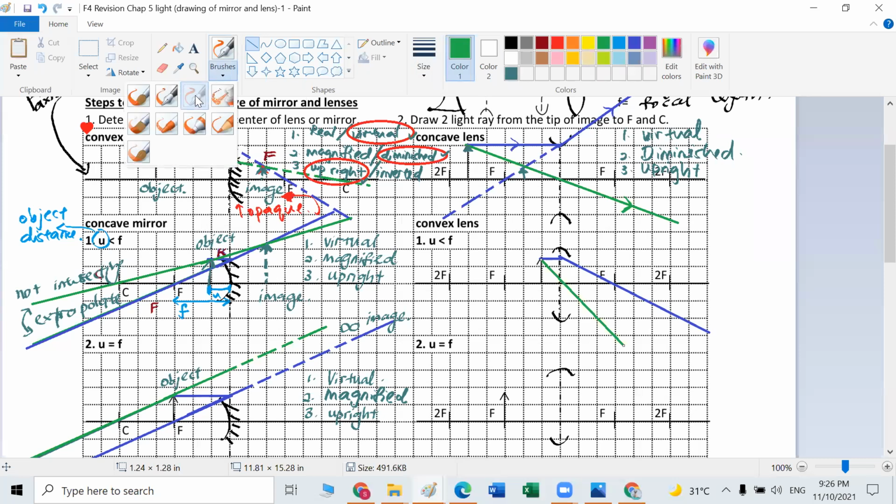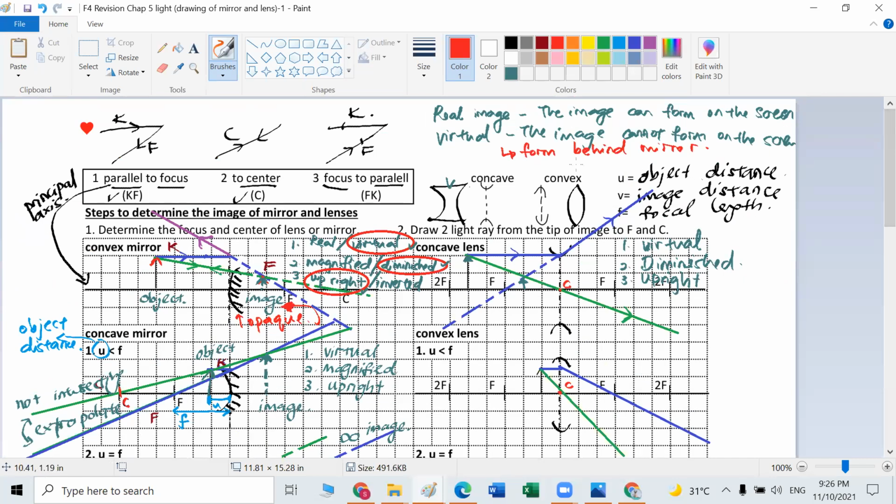Okay, C for lens is really the center of the lens. And C for mirror is the center of the circle. Maybe you can jot down here: C for lens is the center of lens. C for mirror is the center of circle.